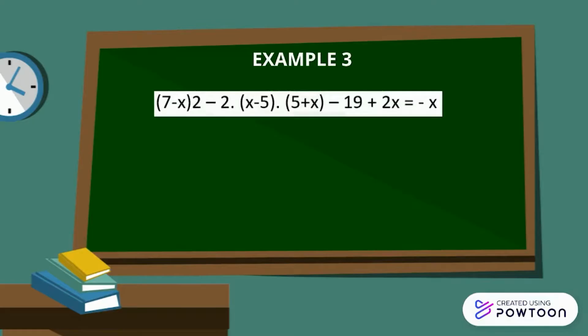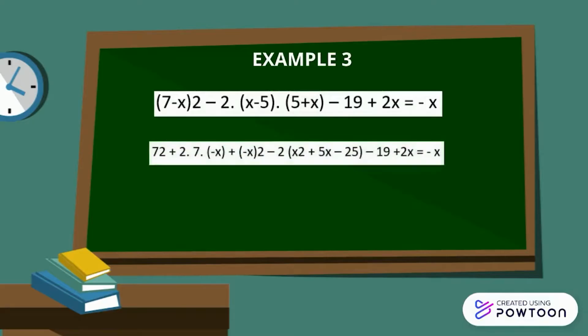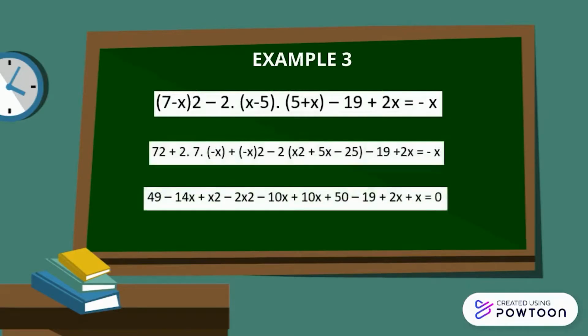Then the second term is solved with the distributive property, x minus 5 times x plus 5. And the numbers without parentheses don't change. We solve the parentheses that were left from the distributive property and we equalize the whole equation to 0.